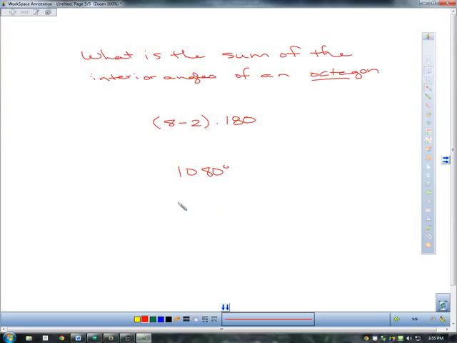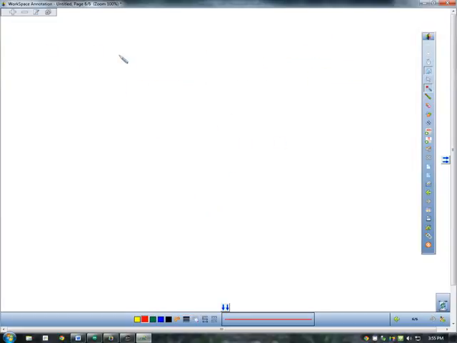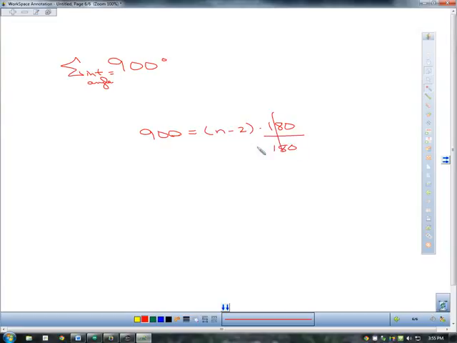Now, I can also ask that in reverse. I can say, all right, what kind of polygon has the sum of the interior angles equal to 900 degrees? Okay? So basically we know 900 equals n minus 2 times 180. If I'm solving for n, because I need to know how many sides it has before I can determine which polygon it is, I'm going to divide by 180 first, which gets rid of this guy.